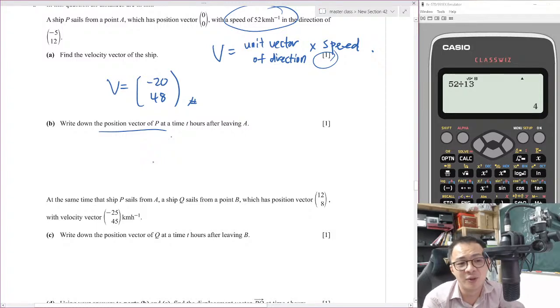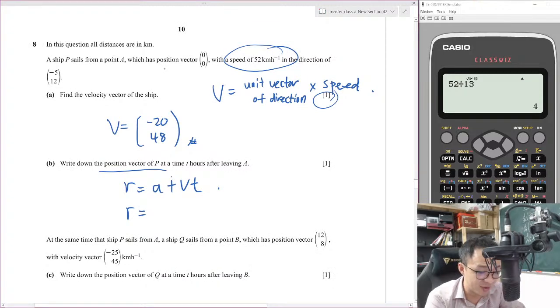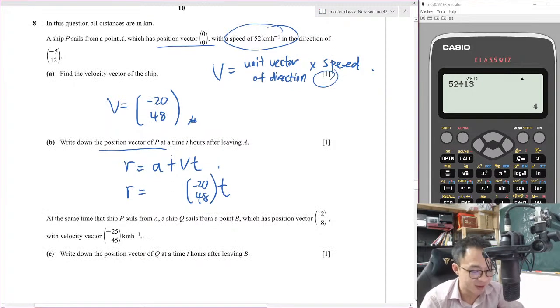You have a formula for position vector, which is r equals a plus vt. a is the initial position vector, v is the velocity, and t is time. P has the initial position vector (0, 0), plus v which is (-20, 48), t is t. So you can ignore the (0, 0), and your position vector of P is just (-20, 48)t.